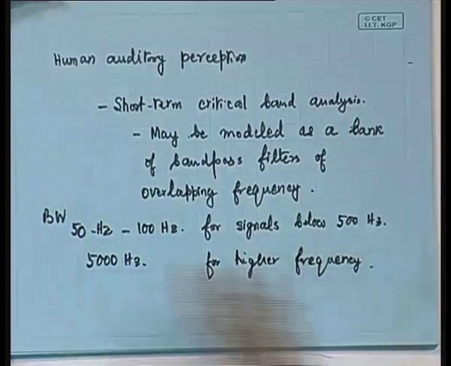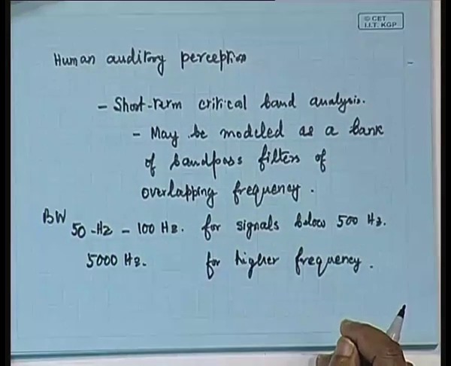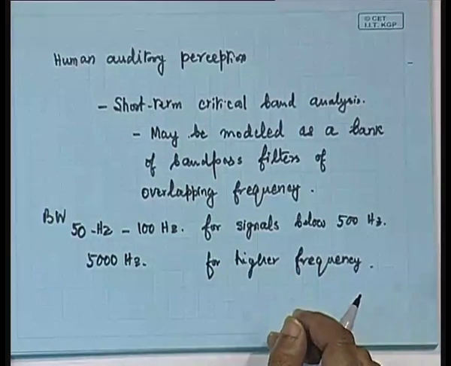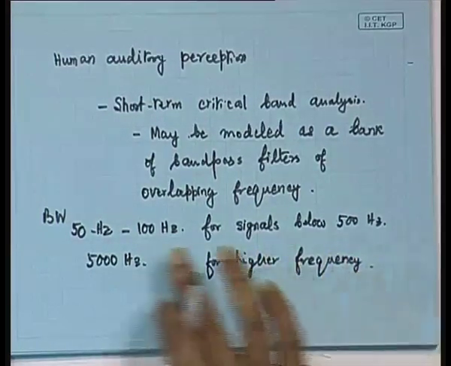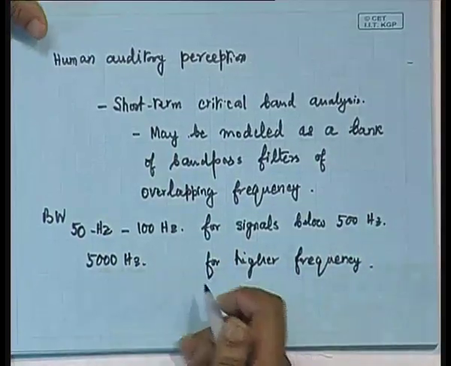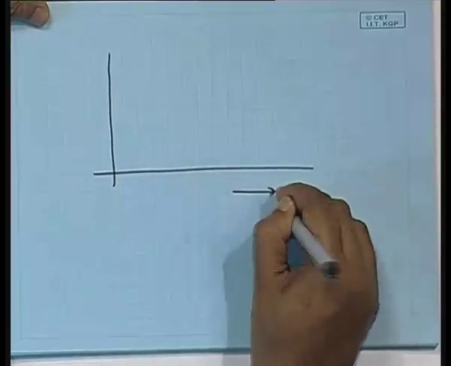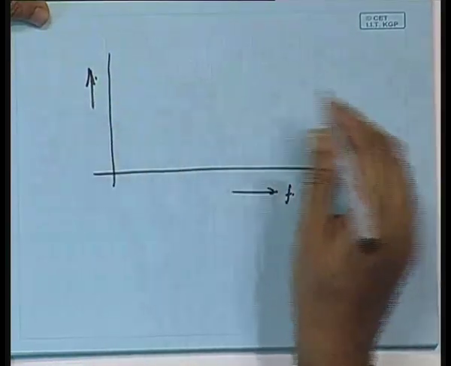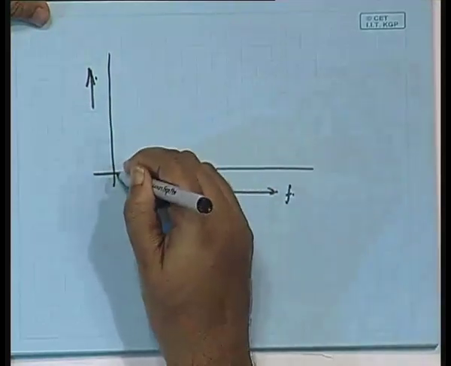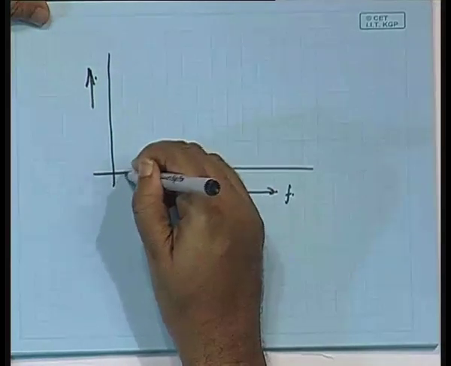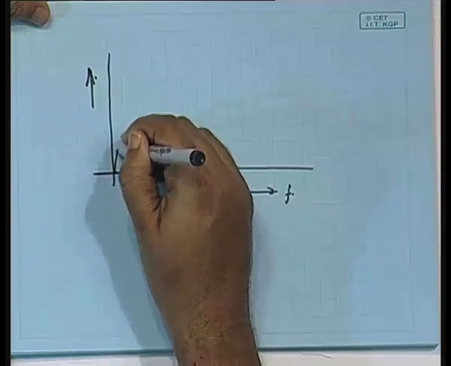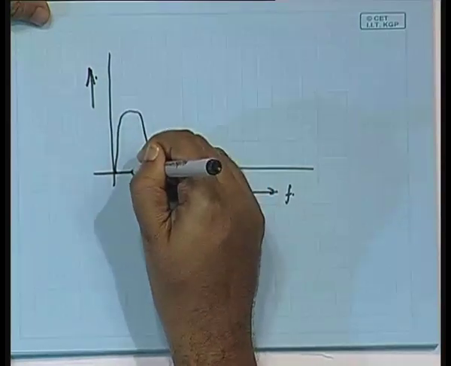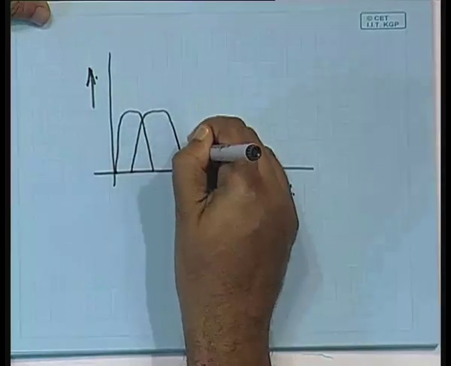So, as you go over to the higher end of the spectrum, you find that the bandwidth of these band pass filters happens to be quite high. If you take the total audio spectrum range, say this is the frequency and these are the human auditory system responses, then you will find the presence of such band pass filters, and all of them have overlapping characteristics.